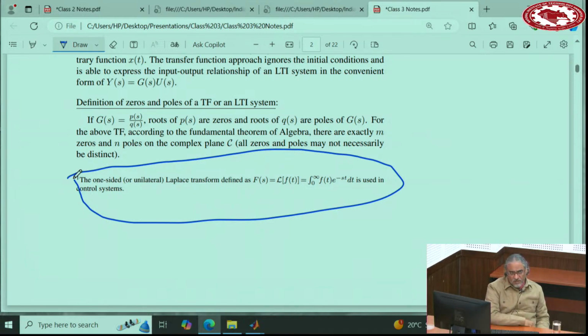If you haven't been exposed to Laplace transform, just pick any standard control book, and there will be a few pages talking about that. You can read and then find out what the properties of Laplace transform are. It's a linear transform, has linearity properties. And the main important property that this transformation has is that it can convert a differential equation into an algebraic equation.